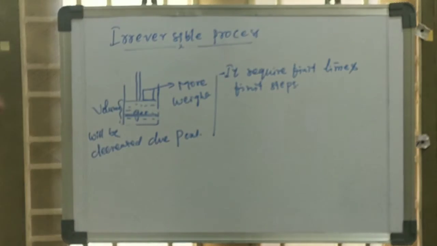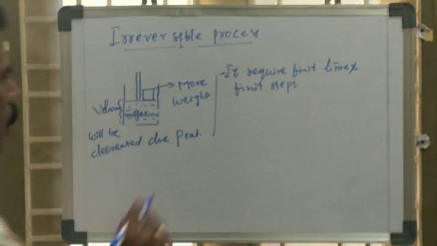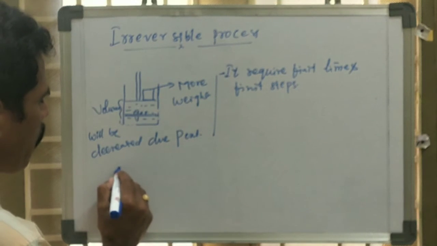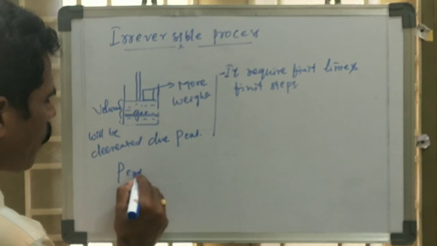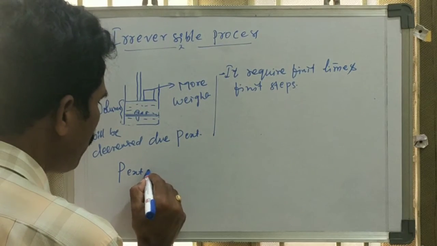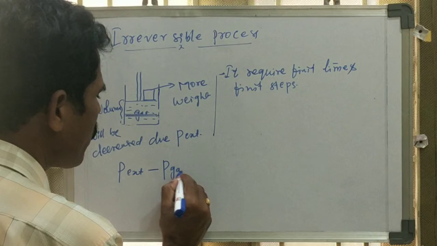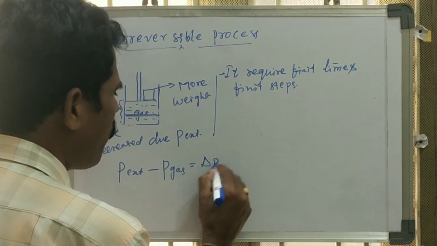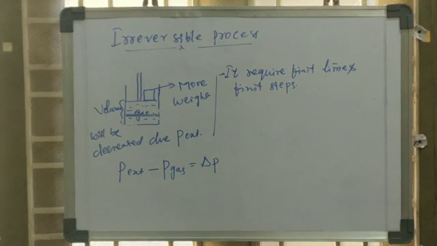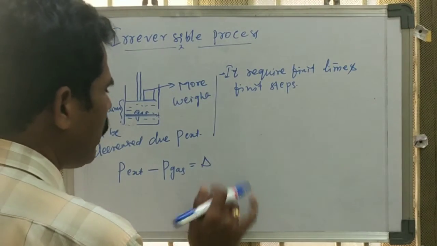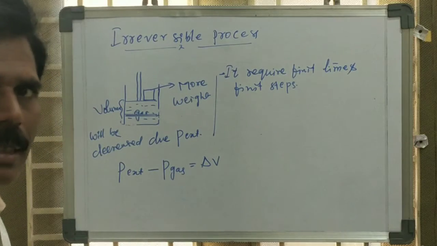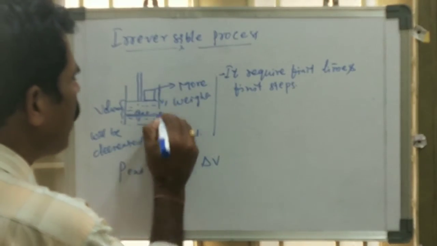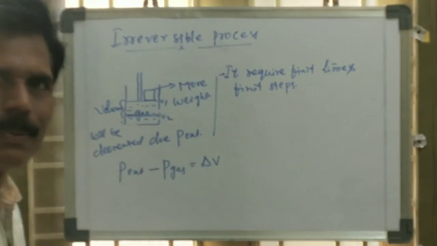Now let me write on the board. Pressure external minus pressure gas is equal to delta P or delta V. So a larger amount of volume will decrease, from V1 to V2.